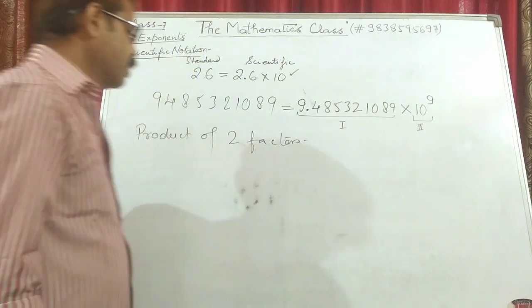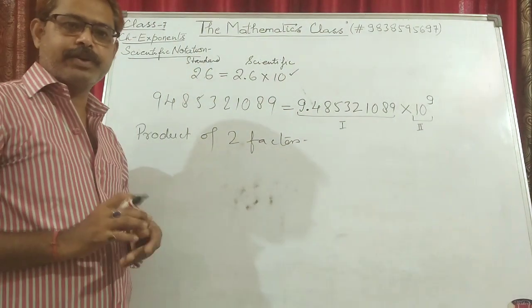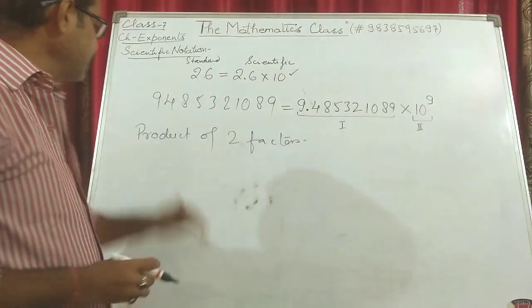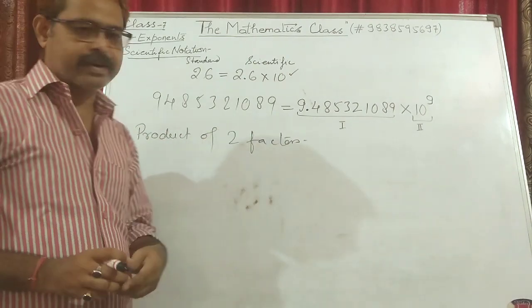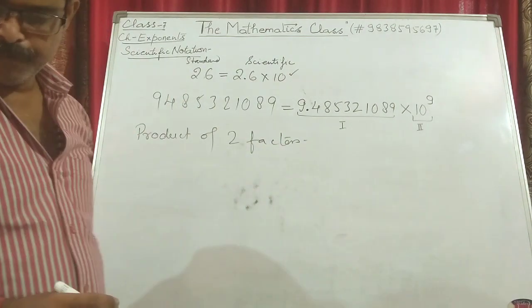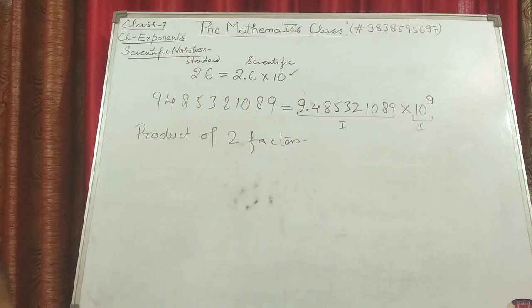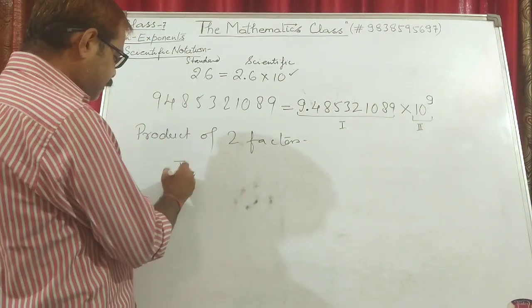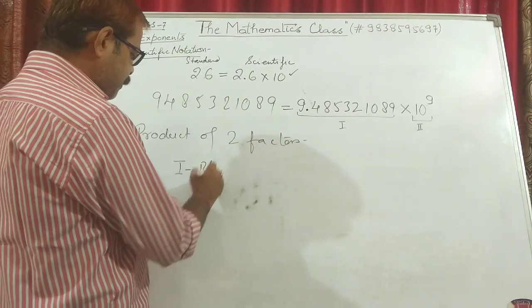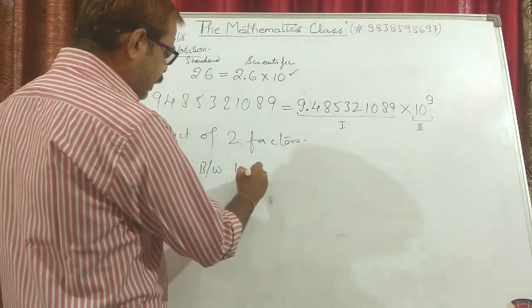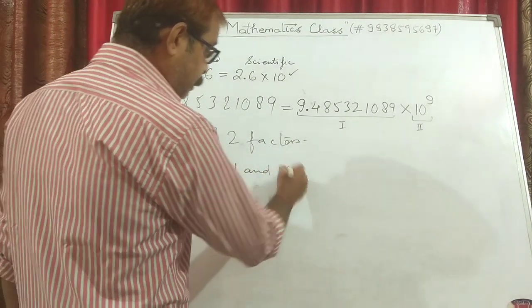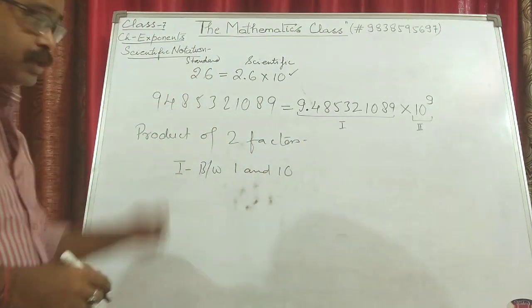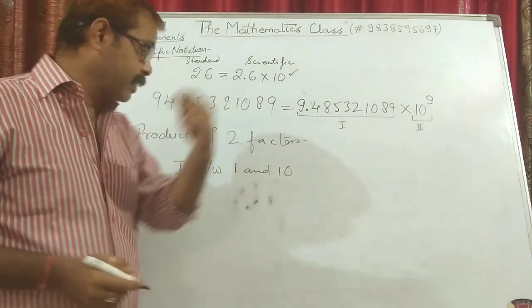Basically, scientific notation is a product of two factors in which the first factor is always between 1 and 10. Between 1 and 10 means from 1 to 9.